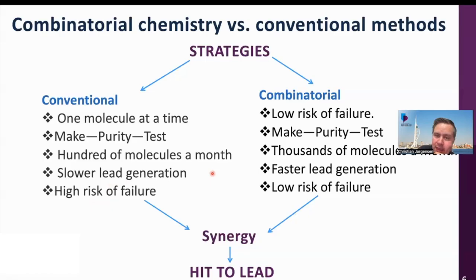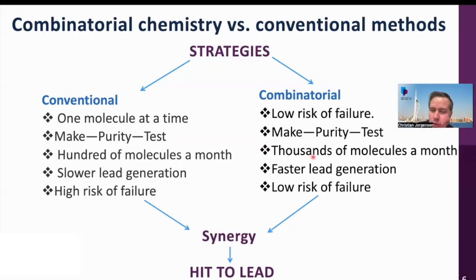Okay. So now let's look at what combinatorial chemistry can add to that. Combinatorial chemistry is associated with a lower risk of failure. It still follows the same philosophy: make, purity, test. So you make the compound, you test the purity that you need, and then you test the activity on the receptor.